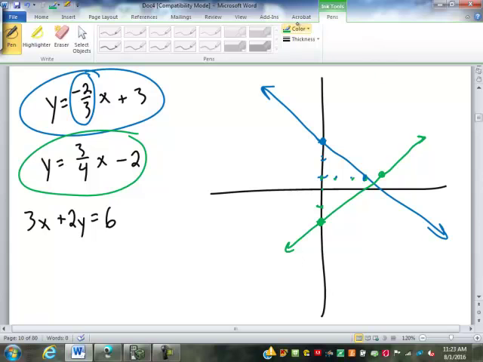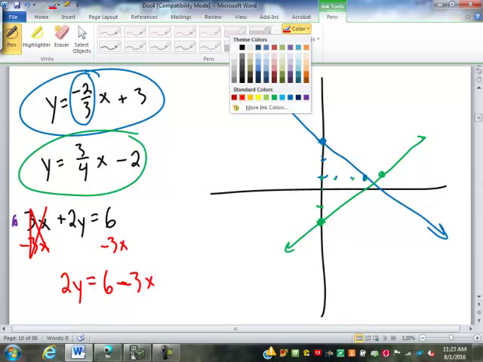Okay, moving along. This one here, of course, we have to do a little work on. What do we have to do first to it? We have to subtract. Perfect. We subtract 3x. Gives us 2y equals 6 minus 3x.